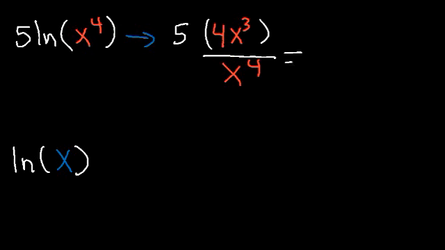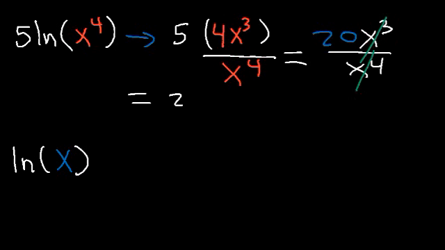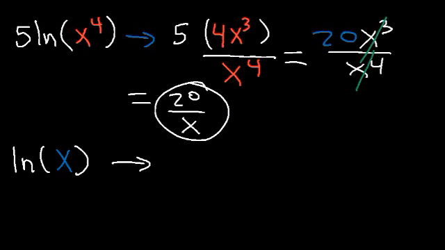Now 5 times 4 is 20. So we have 20x cubed divided by x to the 4th. So we can cancel 3 x variables. So the final answer is simply 20 over x. Now what about ln x? The derivative of x is 1, divided by the original of what's inside. So the derivative of ln x is simply 1 over x.